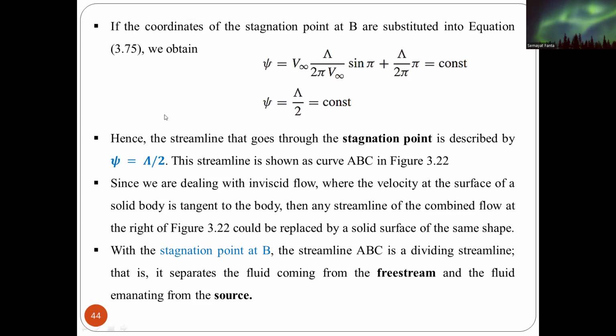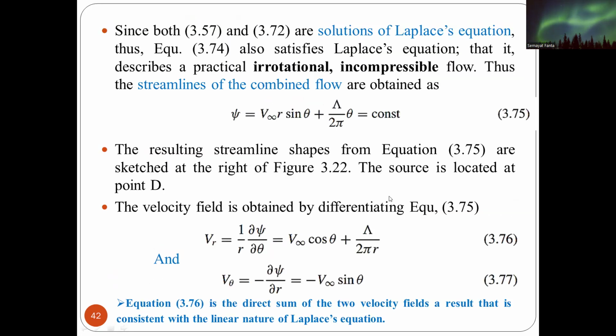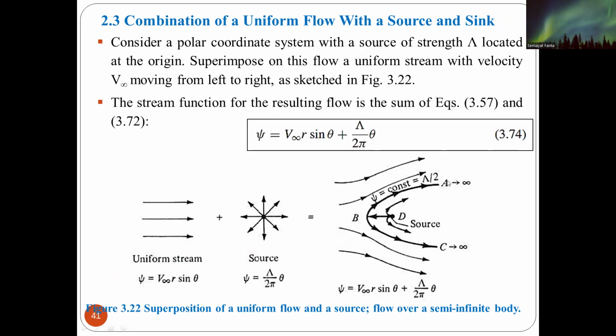So you can read the information here. Sink and source with equal strengths. The superposition illustrated in figure 3.22 results in the flow over the semi-infinite body ABC. So the flow is showing A is here, B is this point, and C is here.